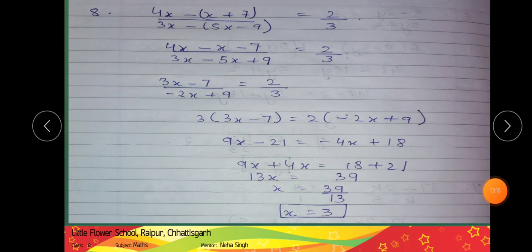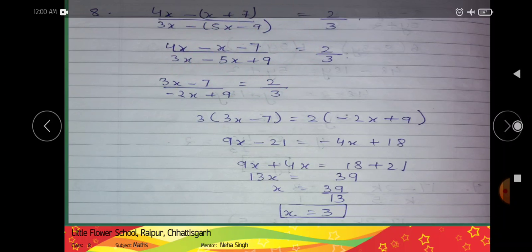Now see, in this, before cross multiplication we will be solving the brackets. Why? Because it will become easier for us to solve the brackets and then solve the question. So we'll multiply the minus sign here, minus x, and plus minus is minus 7 here also, right?